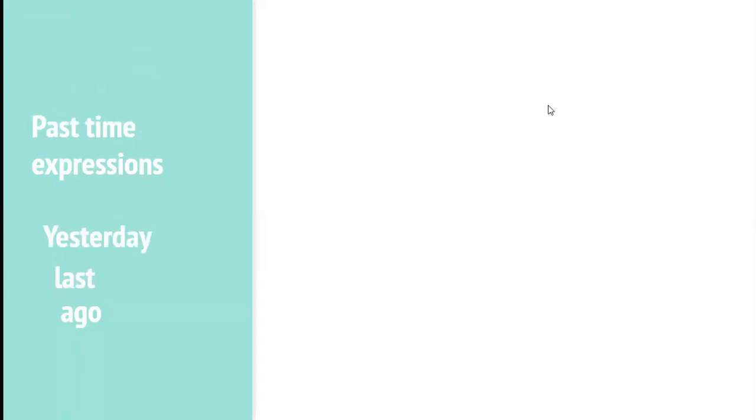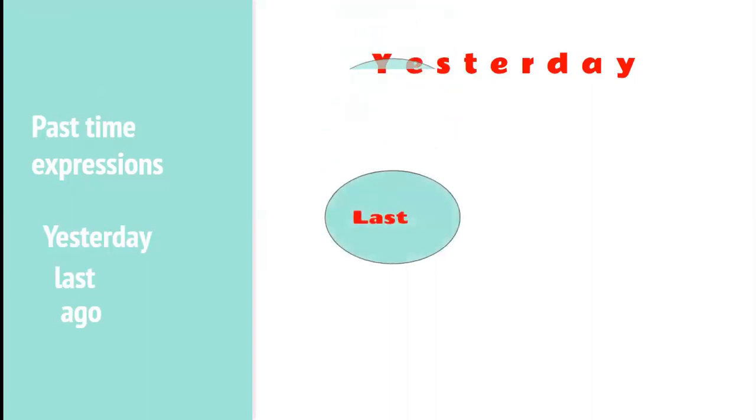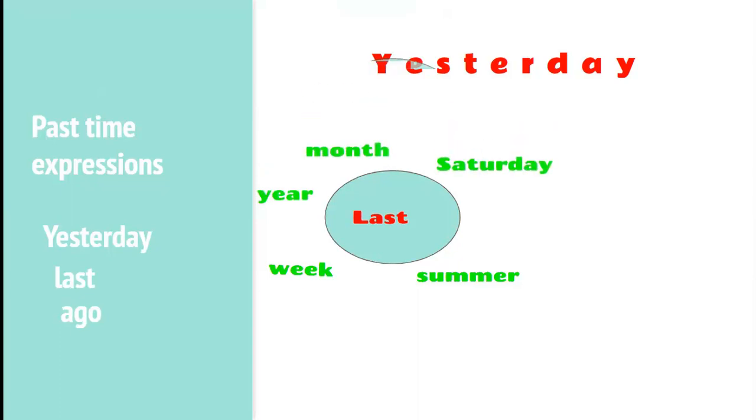Now, past simple is often used with past time references. For example, ago, last, yesterday. Now, last can be used with different time words. For example, last summer, last week, last year, last Saturday, last month.